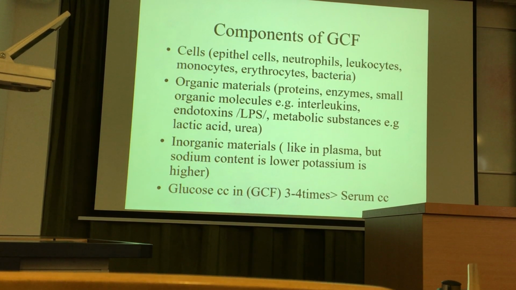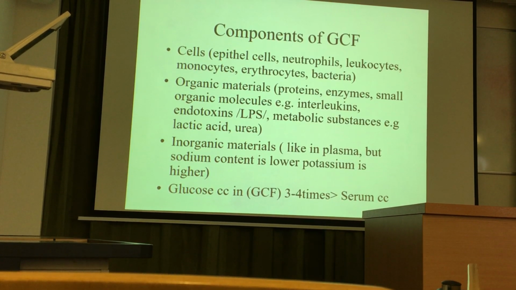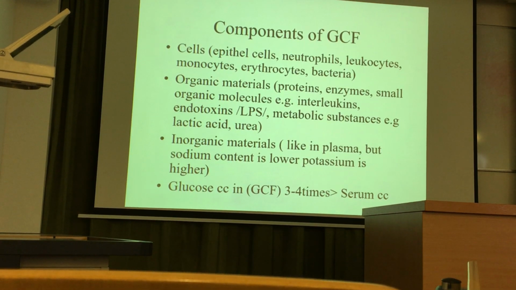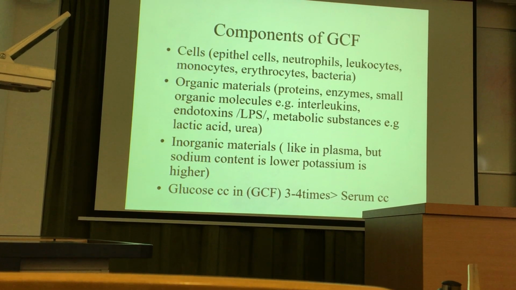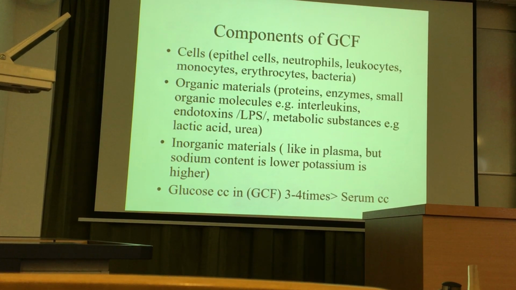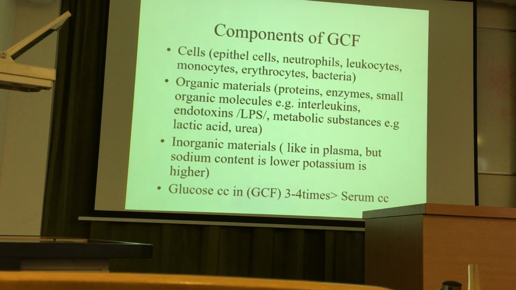The periodontal destruction could be very extensive in diabetic persons, 3 times more sensitive than normal persons, or even more. And smokers are very sensitive to periodontitis as well, because they have less glucose in the GCF than normal.